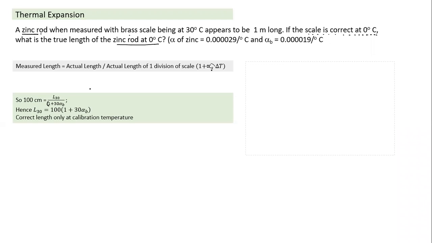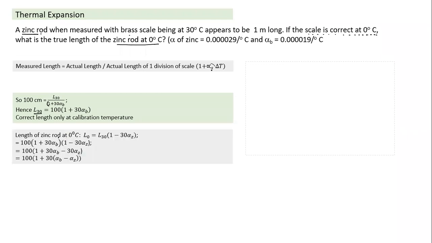So hence from here, we get L30, the true length of the rod at 30 degrees. And now I have to find the true length of the zinc rod at 0 degrees. So how do we find it at 0 degrees? The lengths of the rod at 0 degrees and 30 degrees are related.